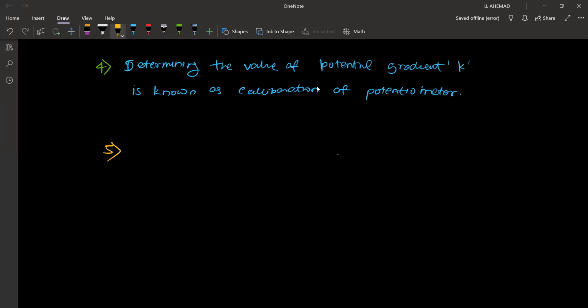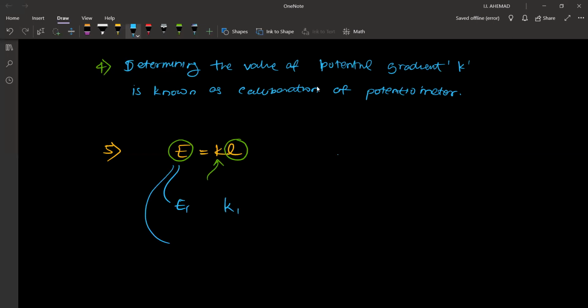So now let's think. To find K, you need to know the value of L and you need to know the value of E. Then you can find the value of K. If someone uses a battery E1, he will get a value K1.